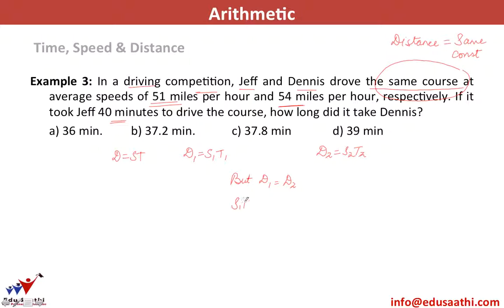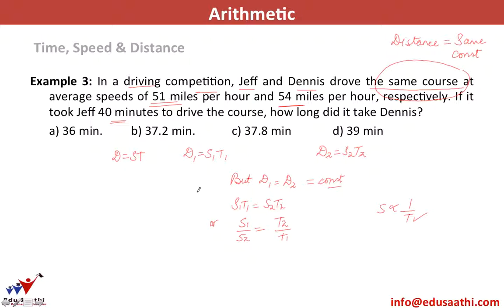So I'll get S1 into T1 is equal to S2 into T2. Or what I can write is, their speeds are inversely proportional to their time taken. The greater the speed, the lesser the time taken. The lesser the speed, the greater the time taken, provided your distance is constant.